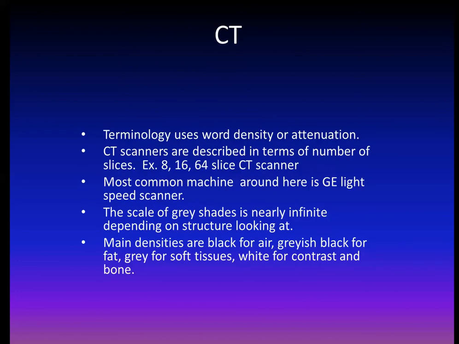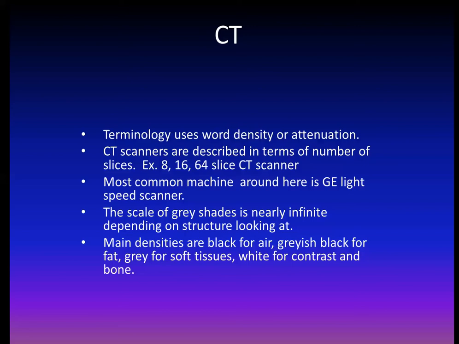The terminology that you're going to hear associated with CT or CAT scans is the word density or attenuation, and that's important to key in on, because if you use the wrong terminology with a modality, it really takes away a lot of your credibility in terms of knowing what you're talking about.